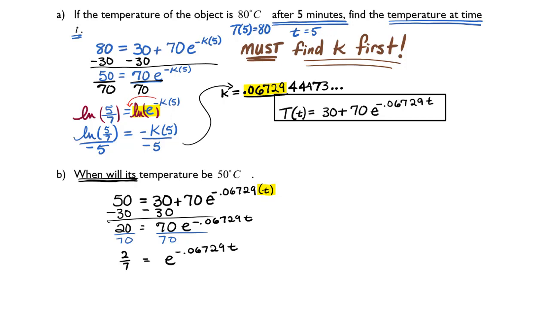Take the natural log of both sides. The natural log of e is 1. Bring the exponent down front. That gives me the natural log of 2/7 is equal to negative 0.06729 times t. Divide both sides by negative 0.06729.